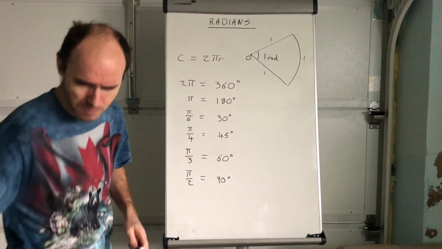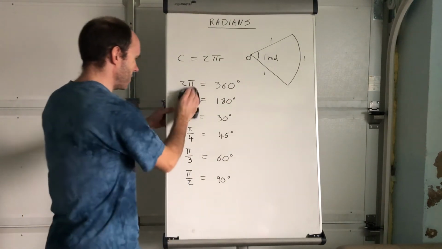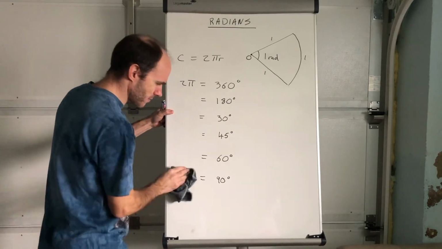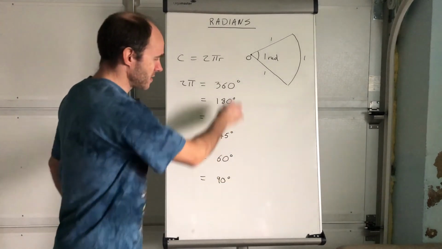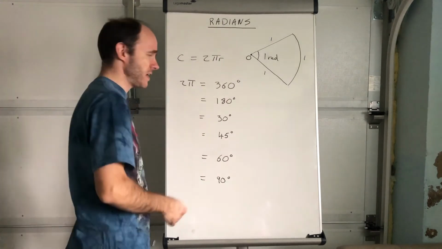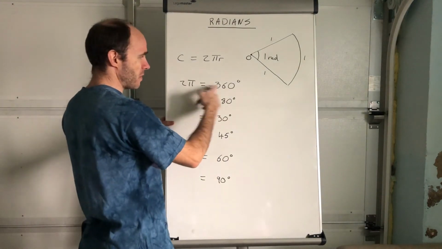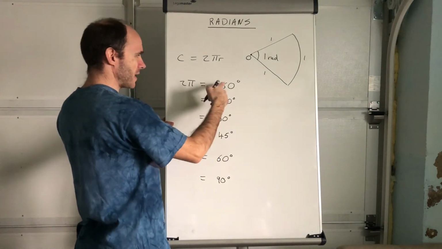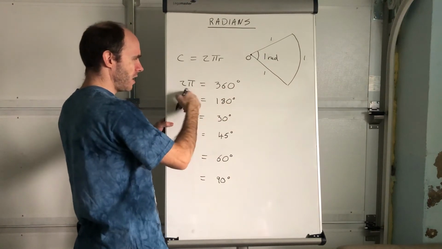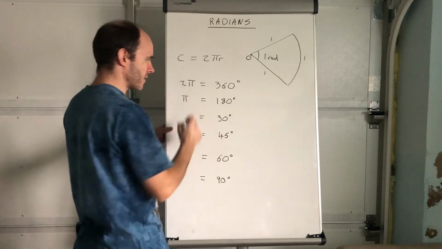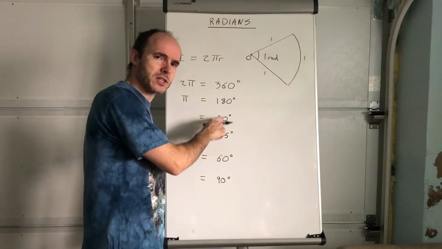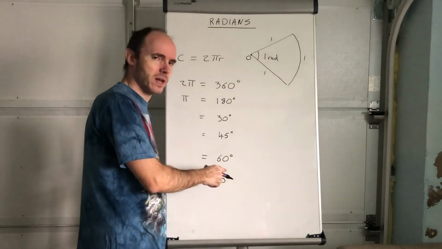So as an example, if I were to just rub these off, you would need to know what each of these in degrees are in terms of radians. So starting with this, 2 pi is 360 degrees, obviously half of 360 is 180, half of 2 pi is just pi. And then think about what fraction each of these are of 180 degrees.